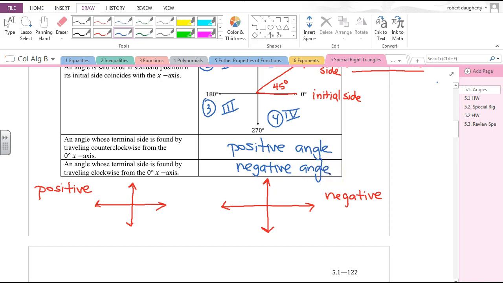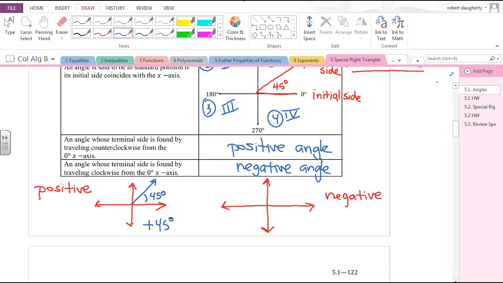So if you look at these right here, if I were to do something like this, what direction did I go from the initial to the terminal? Clockwise or counterclockwise? Here's the initial, here's the terminal. I went counterclockwise, so this is a positive 45-degree angle.